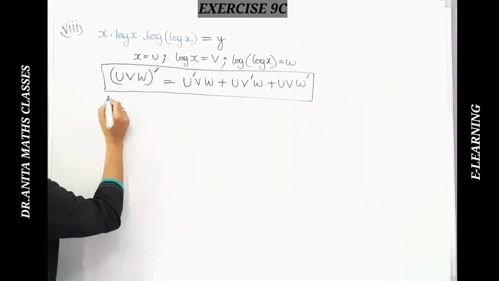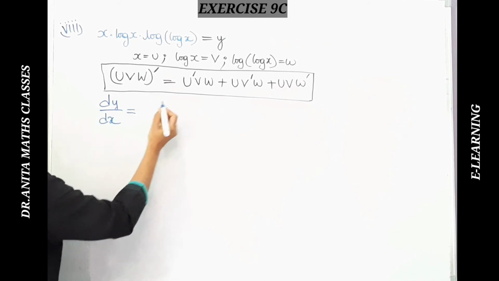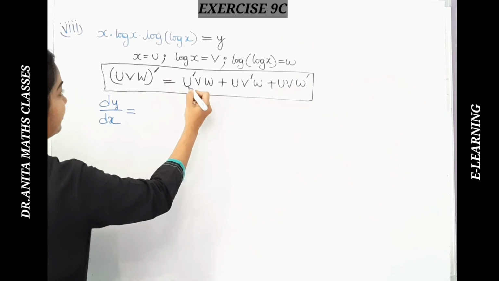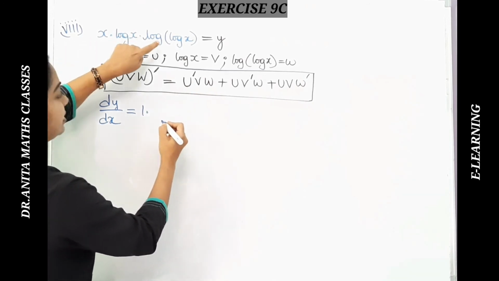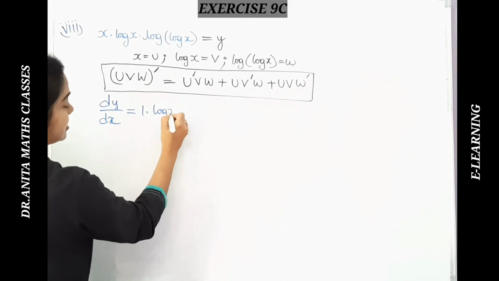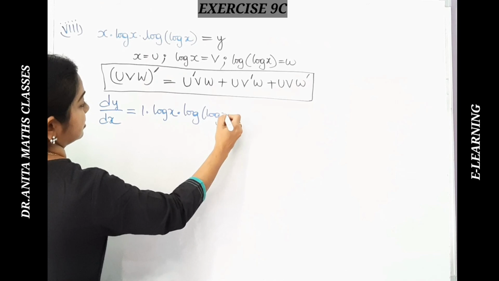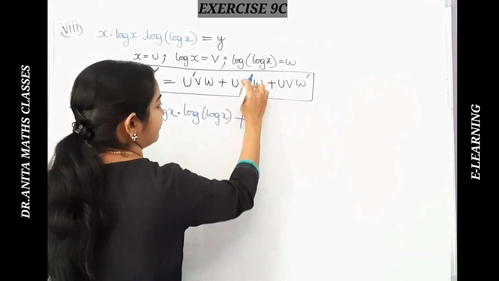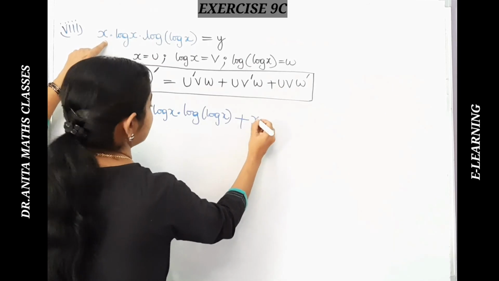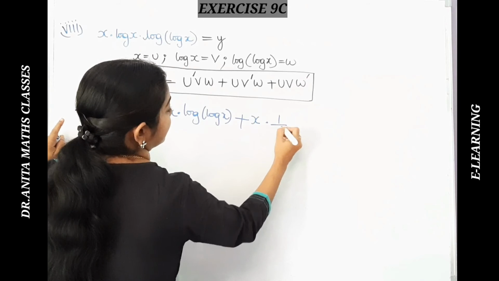Now we will differentiate with respect to x. So dy by dx is equal to, here first function we are differentiating, so dx by dx is just 1. The second and the third as they are, so log x multiplied by log of log x. Yes, second and third as they are, plus now we have to differentiate the second function. So first function as it is, differentiation of log x is 1 by x.